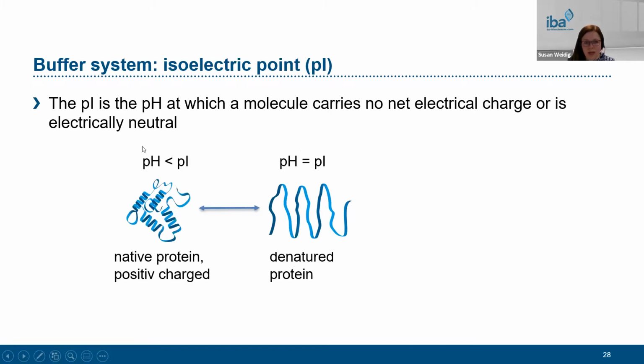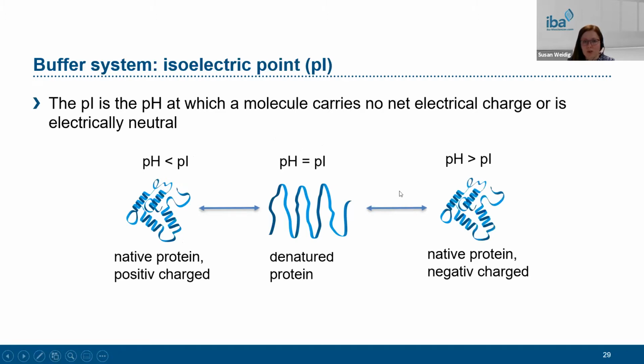If the pH of your buffer system is below the pI of your target protein, your protein is natively folded, but positively charged. And if your buffer system has a pH higher than the pI of the target protein, your target protein is natively folded and negatively charged.